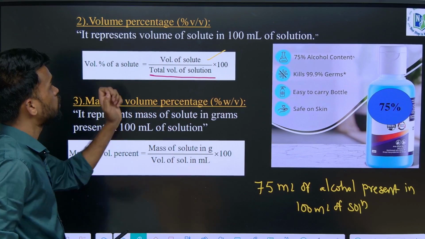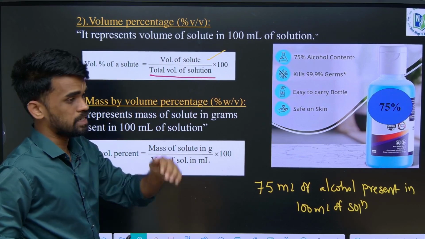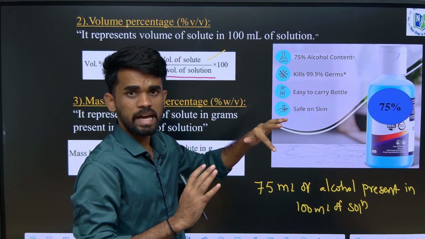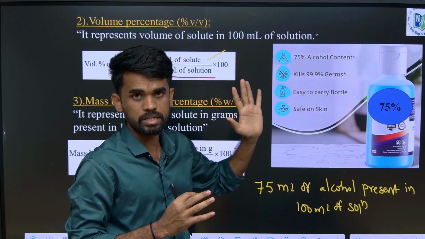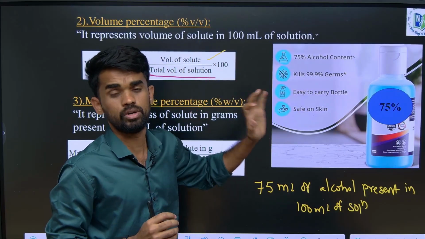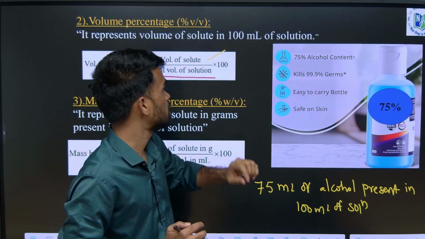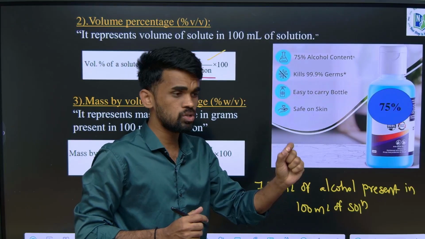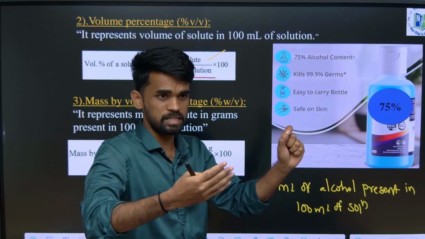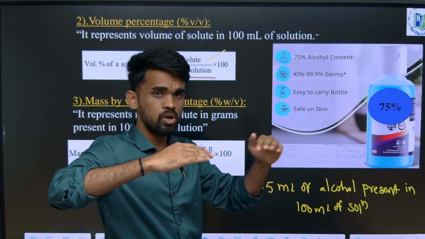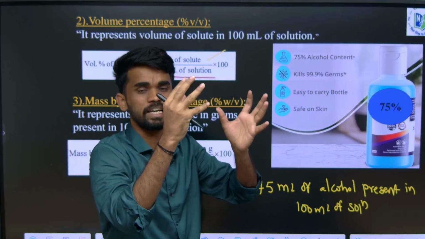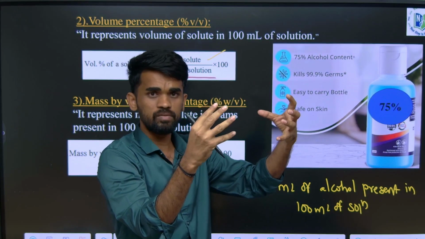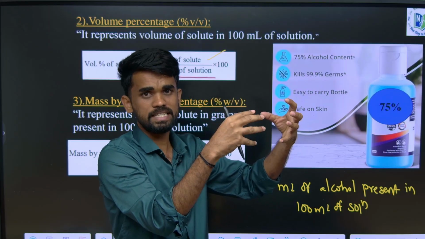Now what is the unit for this volume by volume? When the numerator and denominator have the same terms, they cancel each other, so we can say no units. So volume by volume also has no units. And one more thing you need to know: what is the effect of temperature here? I told you, whenever there is a volume term, due to a change in temperature, for example if temperature increases from low to high, expansion takes place. Expansion means the volume of that particular component will change, right?